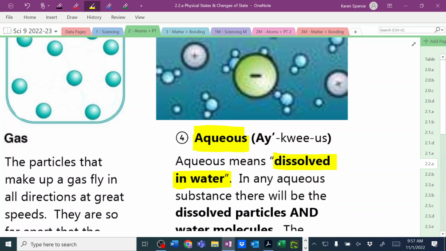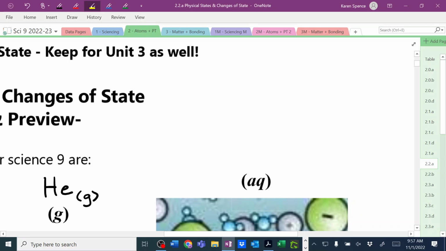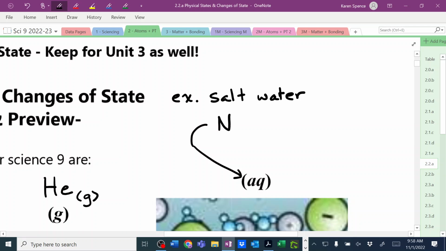Okay, so if you have salt water, for example, we would write that as NaCl aqueous, because it's not a liquid. A liquid would mean that we melted it. Did we heat up the sodium chloride until it melted? No, we dissolved it in water.